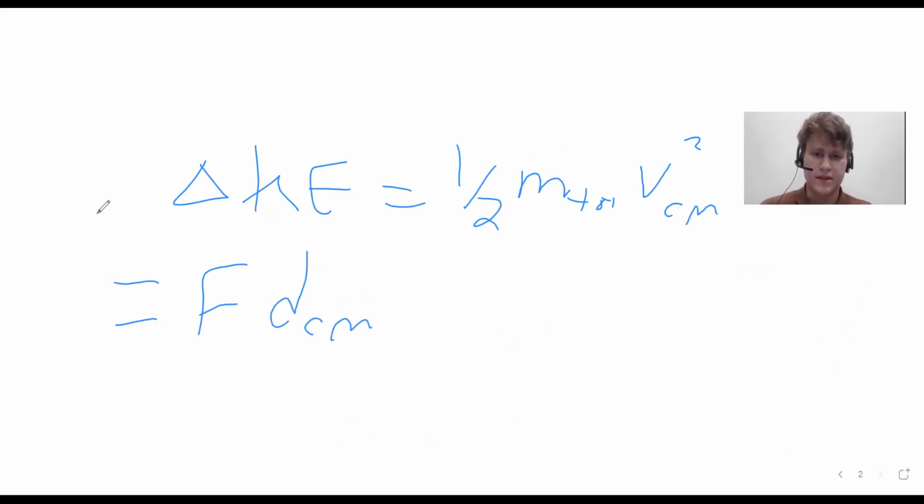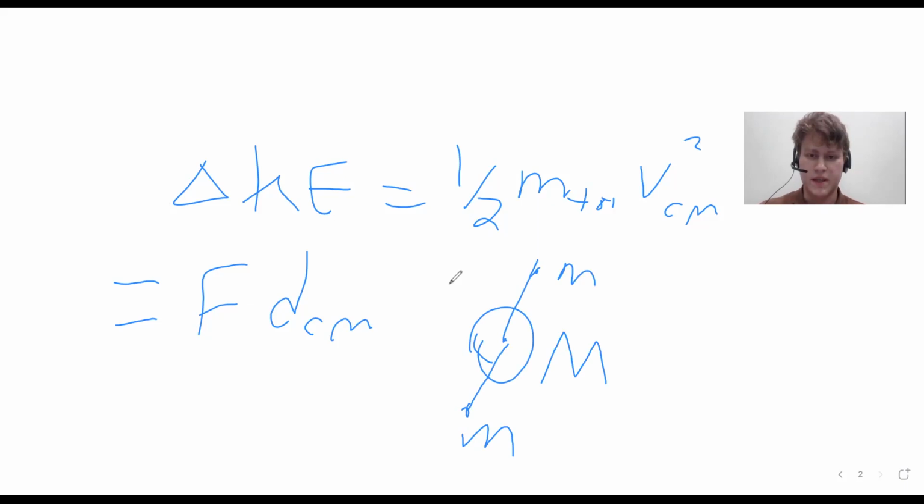All right. So in our system, we had a disk here. And then we had these two little balls. I'll denote the mass of the disk by capital M and the mass of each ball by little m. So this means that the total mass of the system, M total, is going to be M plus 2m.